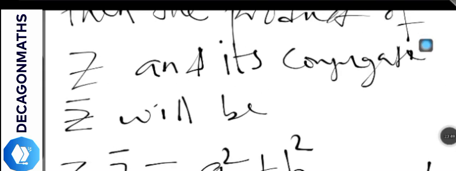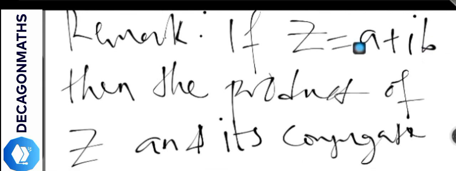It means that if you have a complex number z, which is a plus ib, then the product of this z and its conjugate z prime will just be a square plus b square.